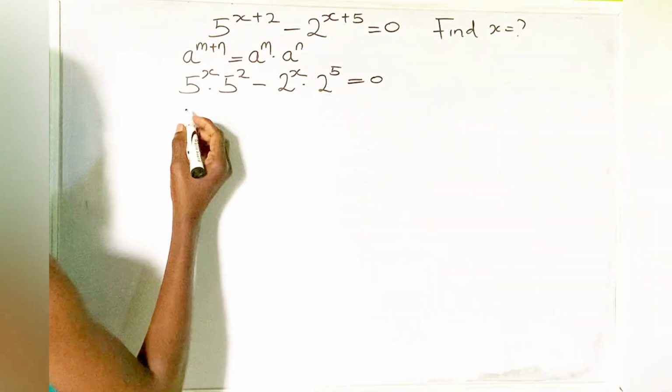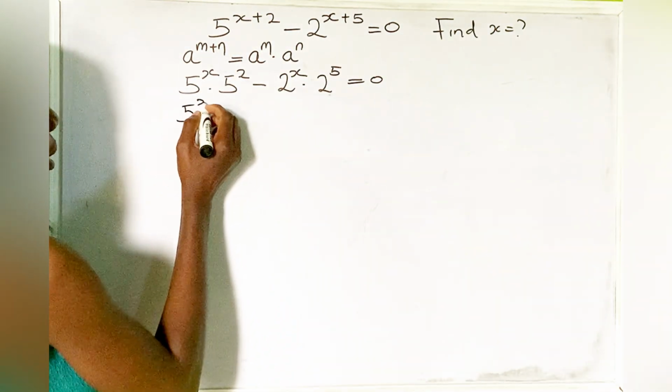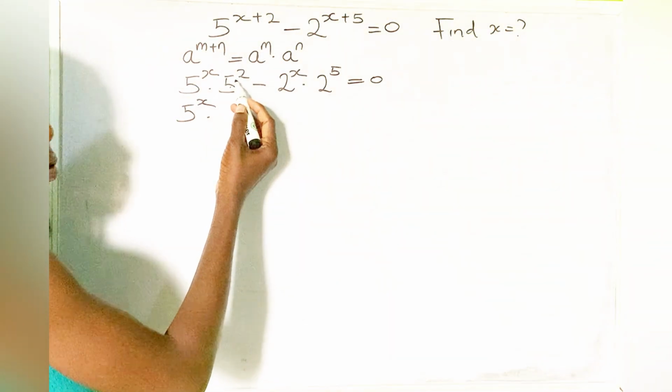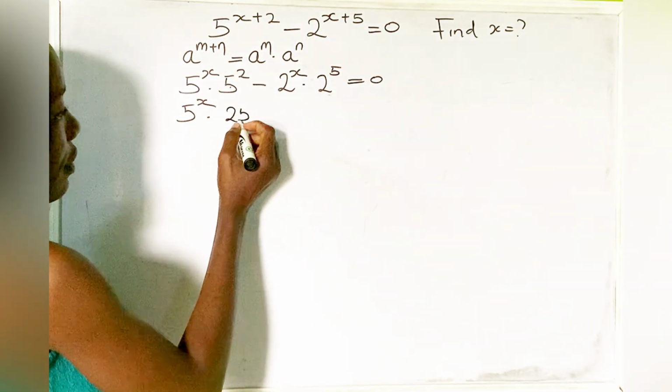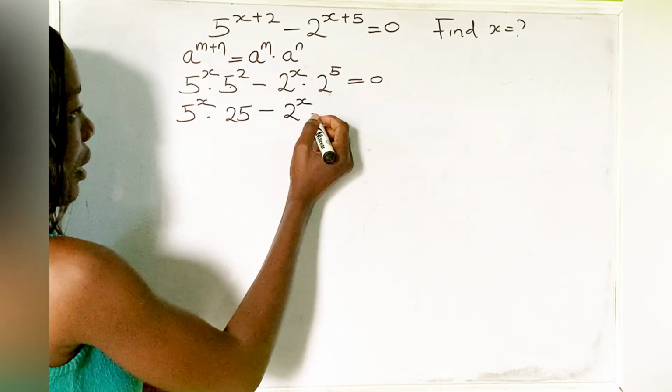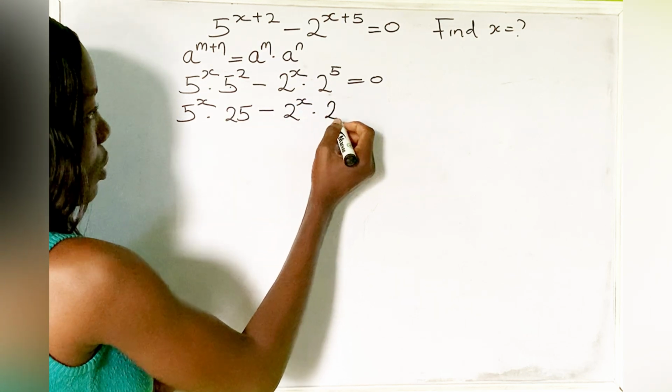Okay? Now we have 5 raised to power x times 5 raised to power 2, which is equal to what? 25. 5 squared is 25, minus 2 to the power of x multiplied by 2 to the power of 5.